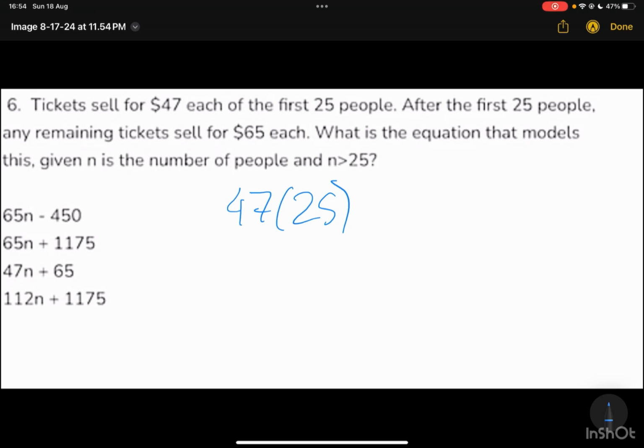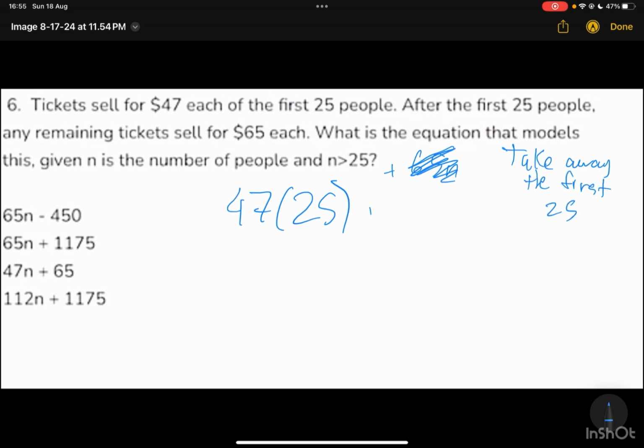Many people will think that the next thing to do will be plus 65n, and that's absolutely wrong, because after the first 25, we're going to have to take away the first 25. We are not going to count the 25 people twice. So we're going to take away the first 25.